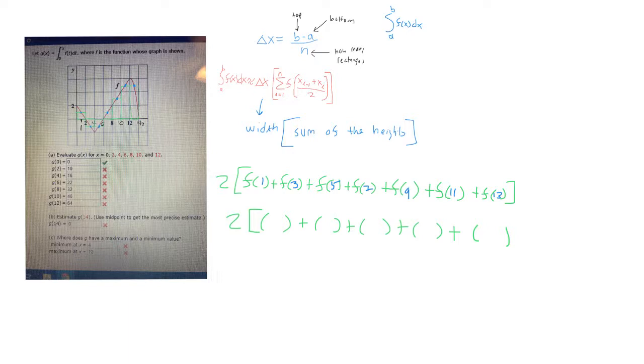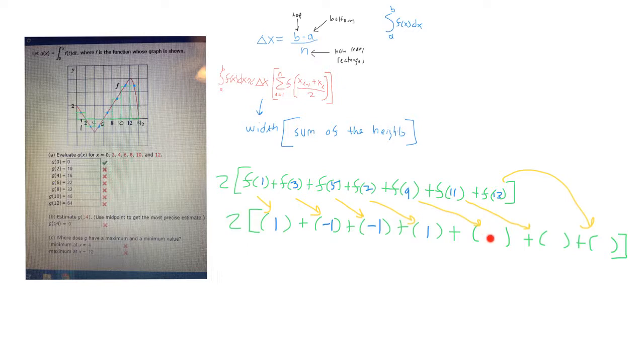That is 1, 2, 3, 4, 5. We need 2 more. Those heights are, let's see, what was it? We had 1, we had -1, we had another -1, we had another 1. And by the way, this corresponds with that, this goes with that, this one goes with that, and this one goes with that.